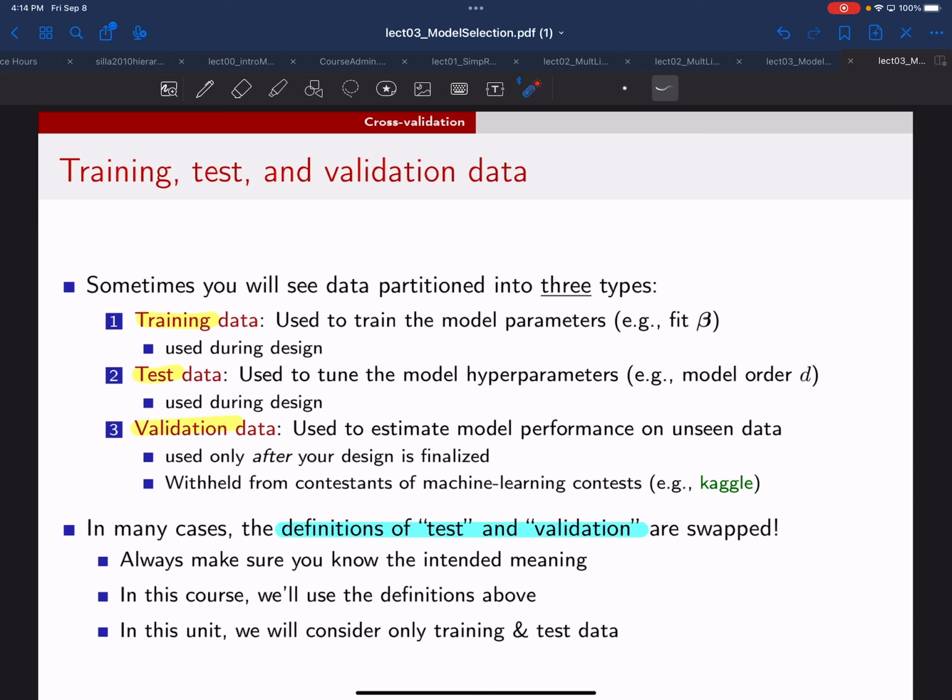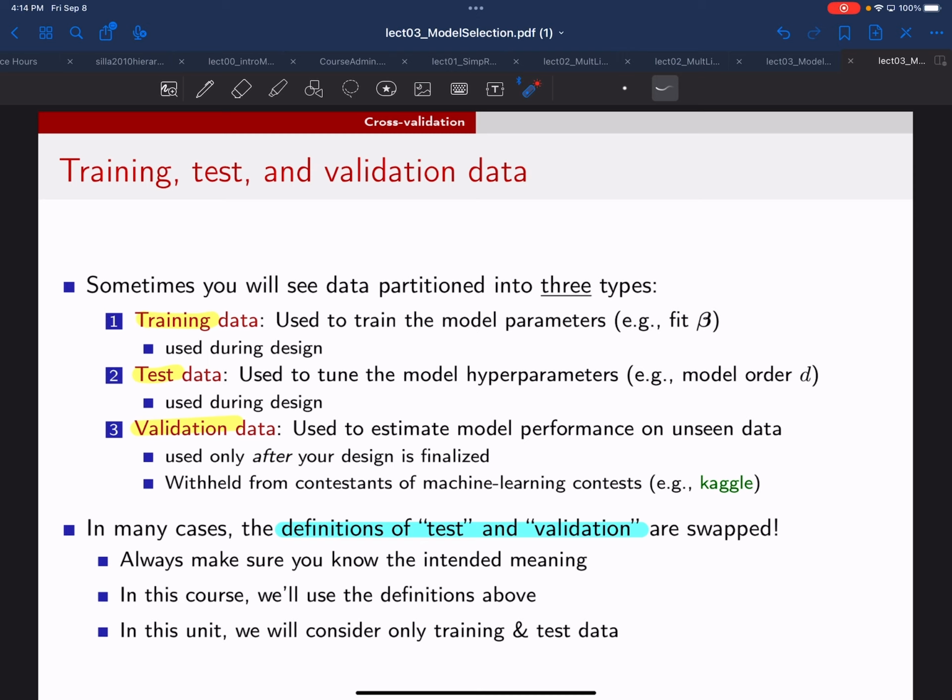But then sometimes they switch them. Sometimes they say that you use your validation data for model order selection and your test data for the last step. And there's nothing consistent. So you just have to be aware that you have to maybe read a little closer at the context to see when someone says validation or test, what are they really meaning? Those two terms are used interchangeably, even though they might mean different things.